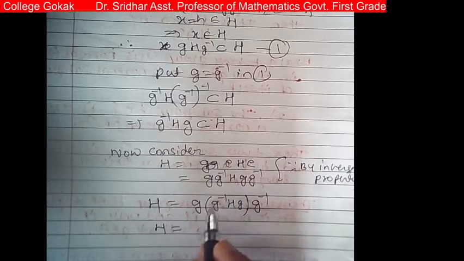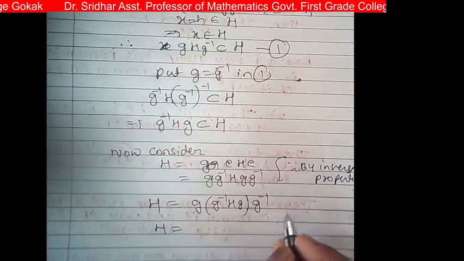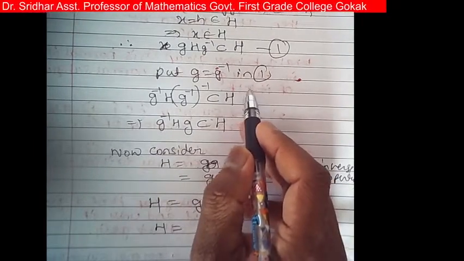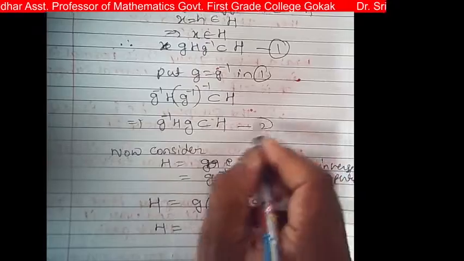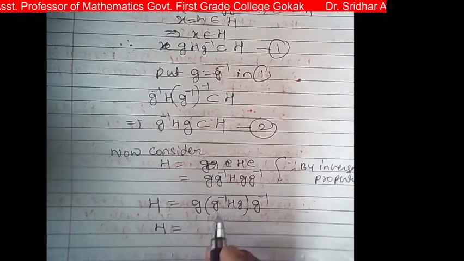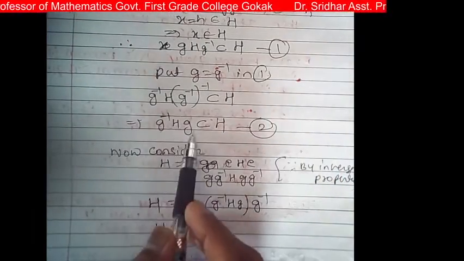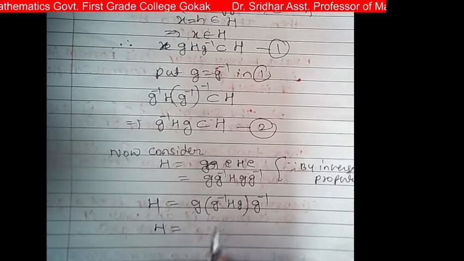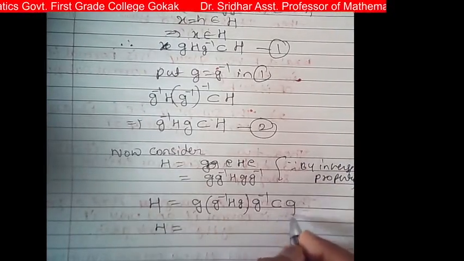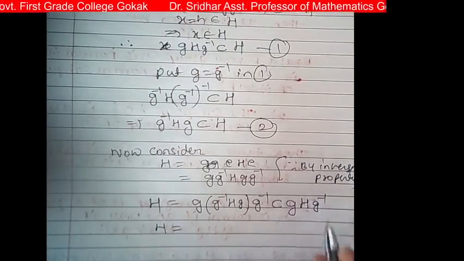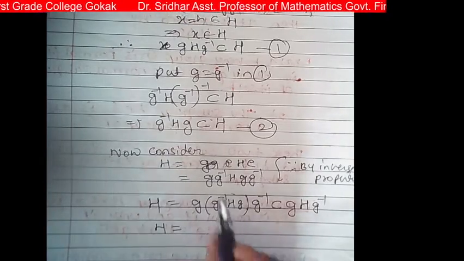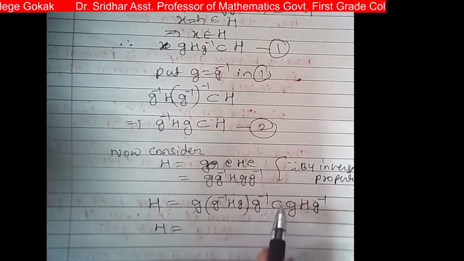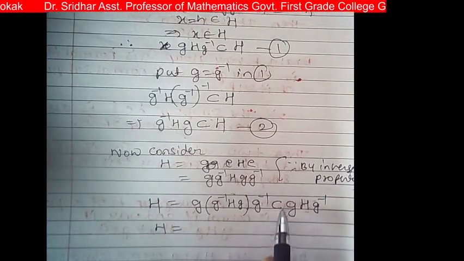Now this g inverse H g is a subset of H. We already proved this from the earlier equation. This is equation 1 and this is equation 2. So g inverse H g is a subset of H. That means here you should replace this by H, then the equality converts to a subset.